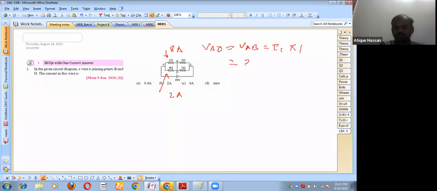What is the value of I1? 8 ampere into 1, so we will get 8 volt. So the potential across this is 8 volt, and the total potential is 20 volts. So what will be the potential across 3 ohm? Anyone? What will be the potential across 3 ohm? Mister?